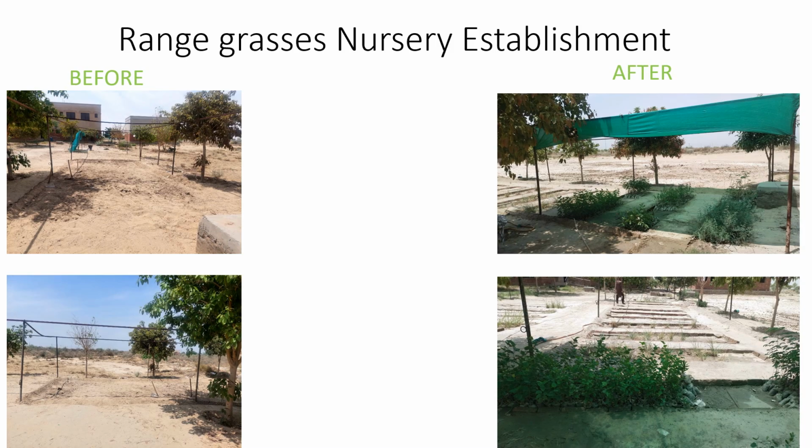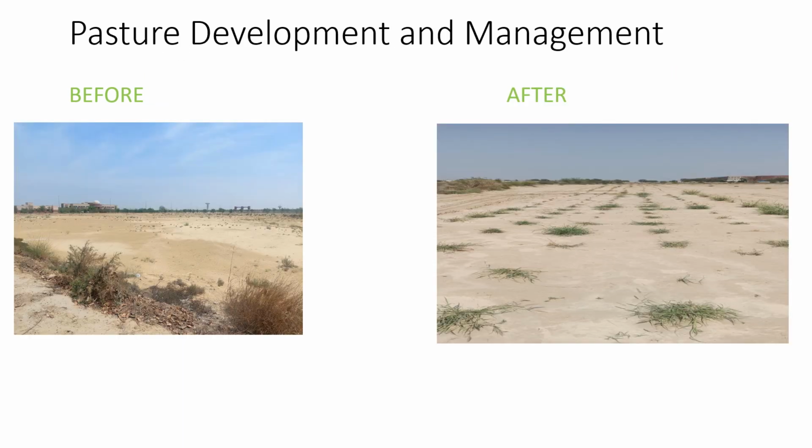The plants and grasses have also grown much more, and there is more variety here as well. The pasture we have also developed; it was about 10 canals in the picture, but as we are speaking, we have increased it to 2 acres, and this pasture is also thriving well in these conditions.